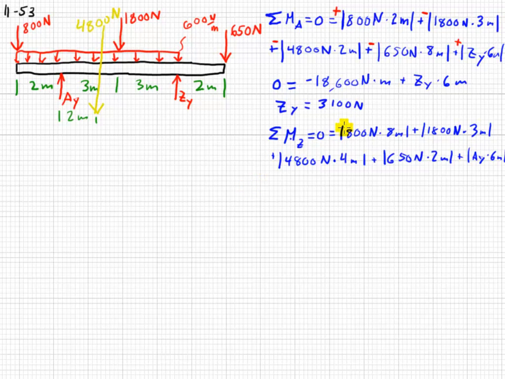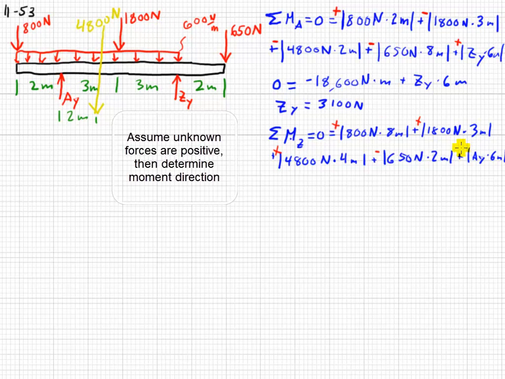Now to get our directions, the 800 Newton force is going counterclockwise around Z, the 4,800 Newton force doing the same thing around Z, and the 1,800 Newton force also around Z. So these are all counterclockwise, which makes them all positive. The 650 Newton force is still creating a clockwise rotation. AY we're going to assume is positive, so it's also doing a clockwise rotation.